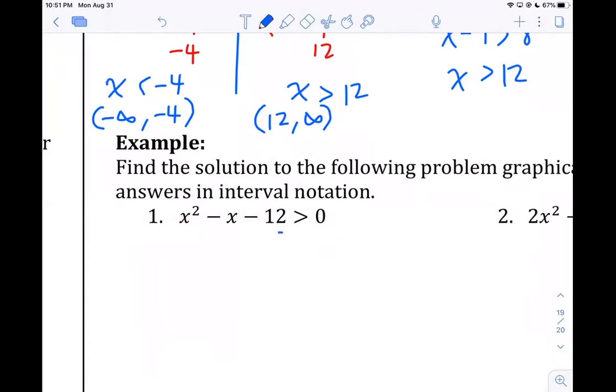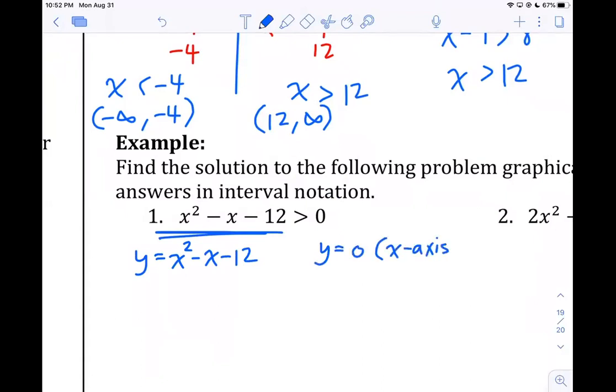All right, so this side means y equals x squared minus x minus 12, right? This is the graph on the left. Now, what does y equals 0 represent? That is the x-axis. So it's much easier to compare a graph to an x-axis than to what we had before, like y equals 8.